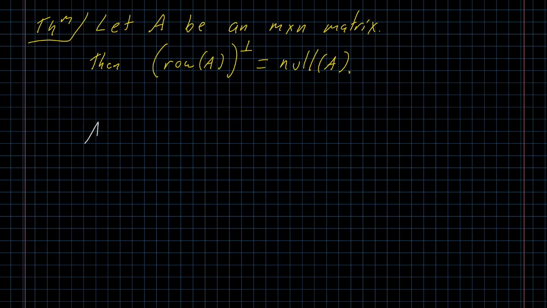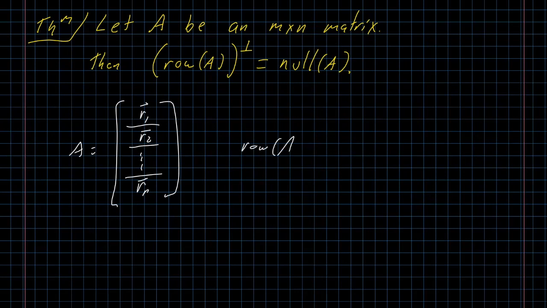If we define A as having rows R1, R2, all the way down to Rm, and let's redraw that nicely centered, then the row space of A is the span of those M row vectors, right?